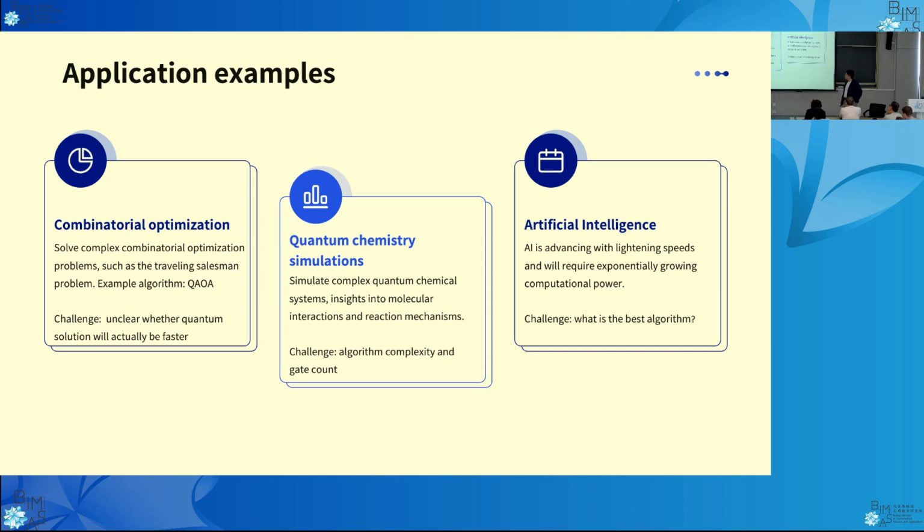There's quantum chemistry simulations. But most of the algorithms I'm aware of require at least 10 to the 9, if not 10 to the 14 gates. So the gate model really puts quite a heavy overhead on the precision that is needed.